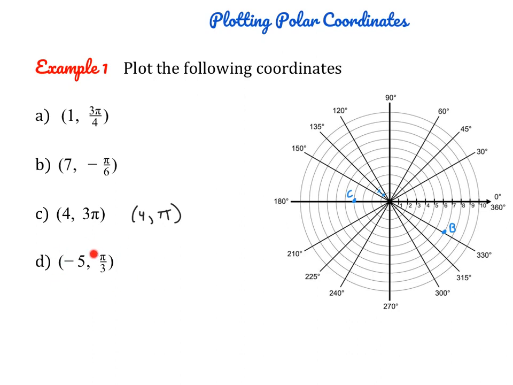Now this last one is a little bit tricky because here we have a negative r value. Whenever you see a negative r value, what it means is that you actually head in the opposite direction as the angle that is listed. So you're essentially going 180 degrees opposite. First let's start by finding pi over 3. Pi over 3 is 60 degrees. But instead of counting 5 going forward, I'll actually count 5 going backwards.